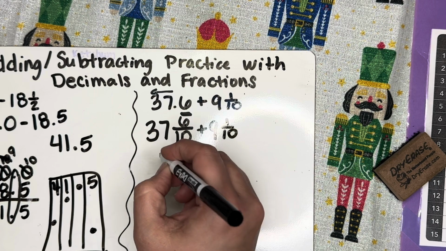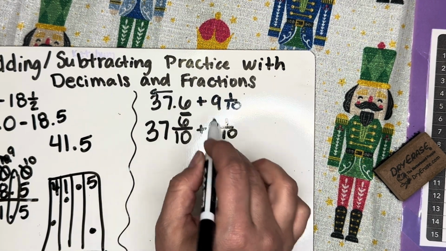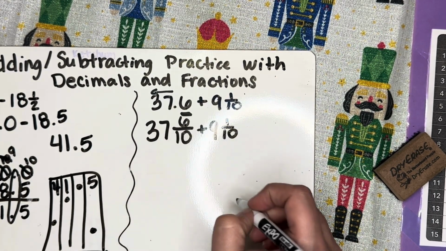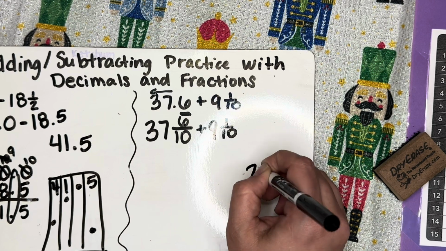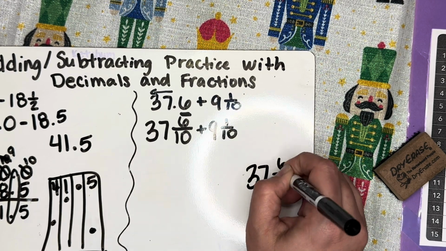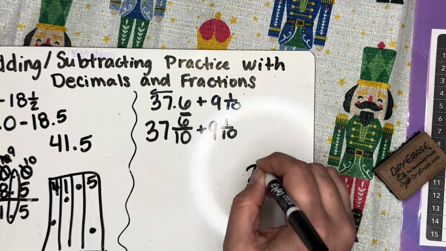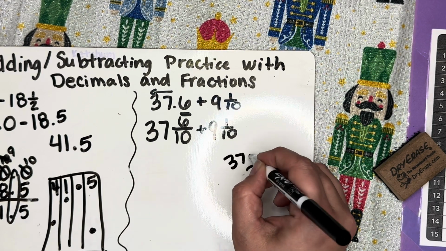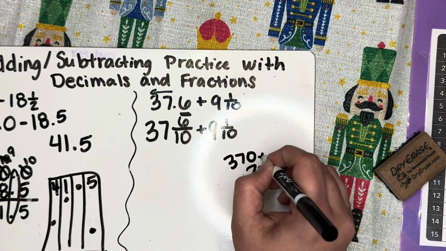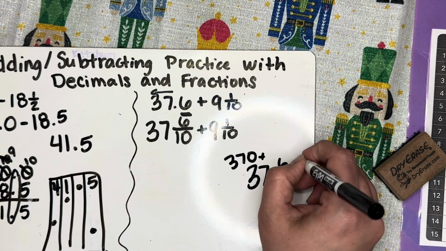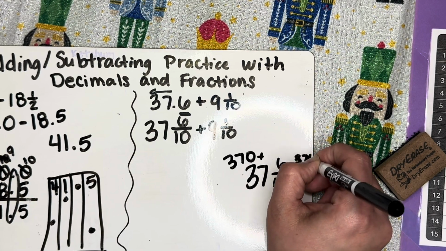Okay, so now I'm going to turn this to an improper fraction and then add them up. So 37. I didn't leave myself enough room.